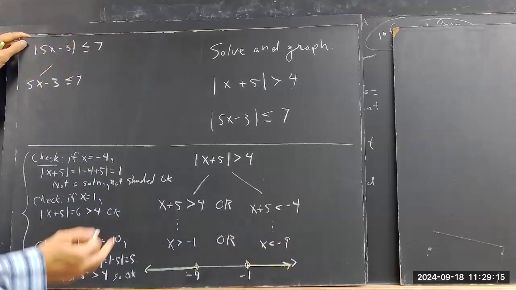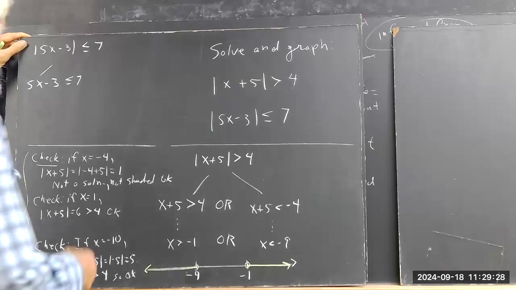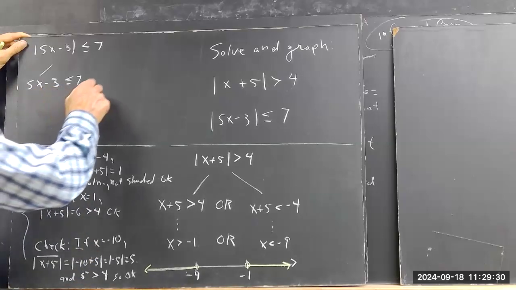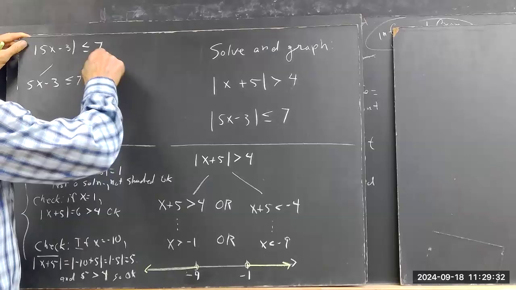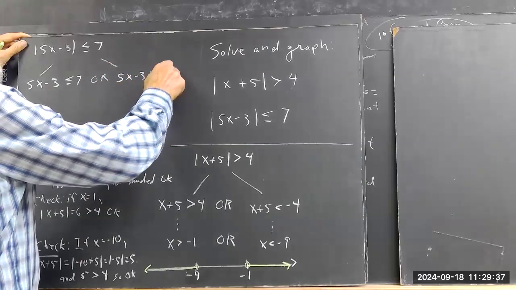And I explained that. If you didn't get that explanation, or if you don't understand from open math why it's or, then go back and look at what I said, what open math said, whatever works. Okay, 5x minus 3 less than or equal to 7, or 5x minus 3 greater than or equal to -7.